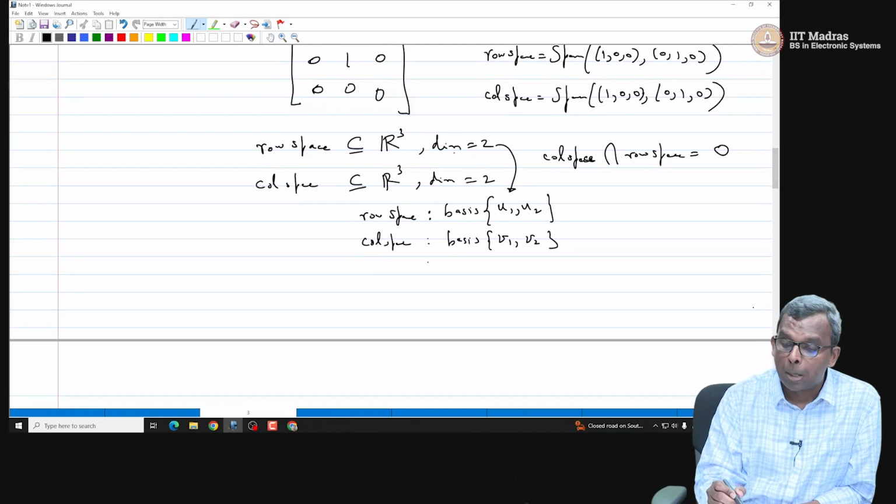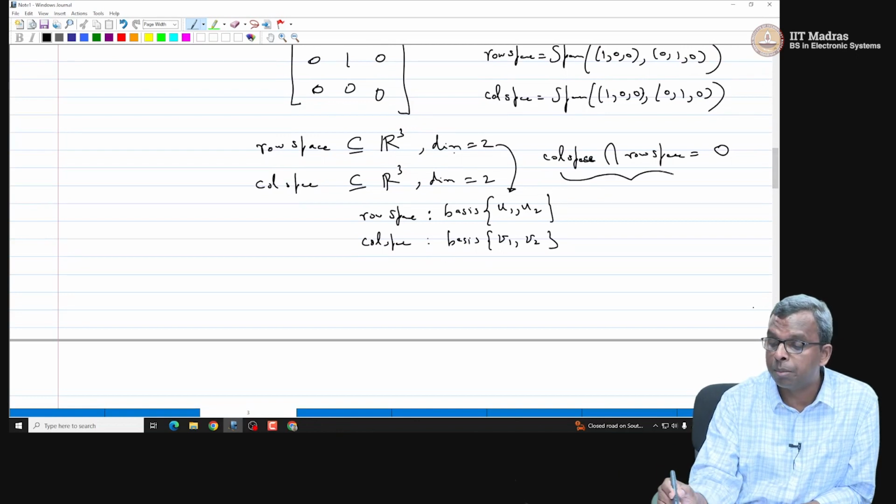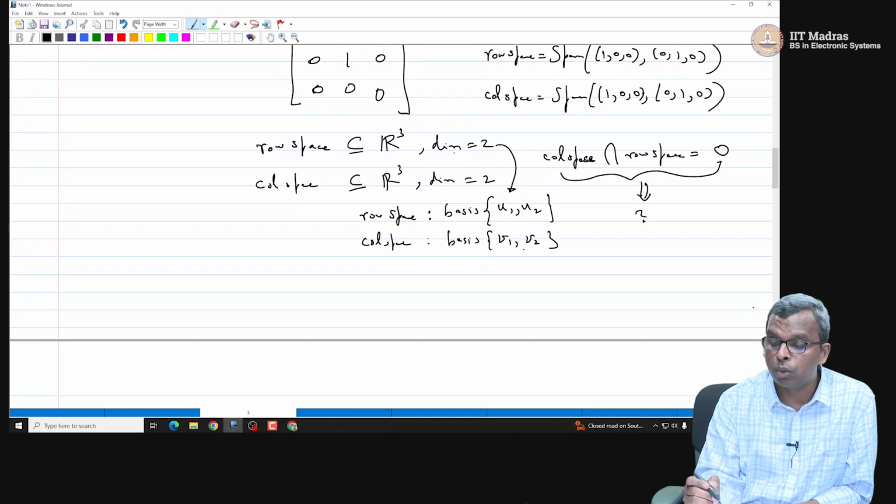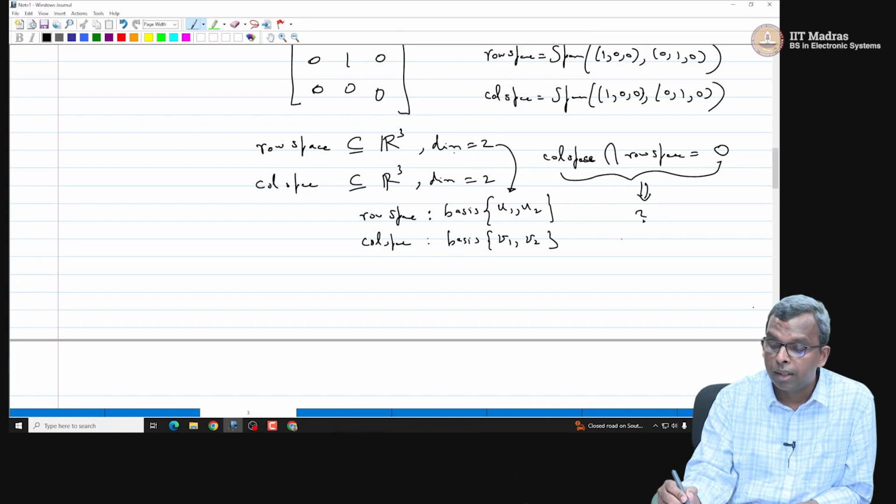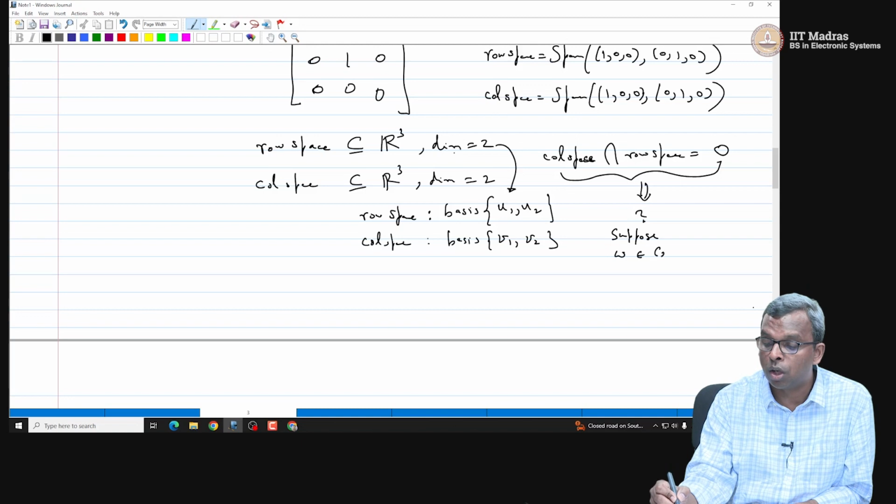Okay. So, now what will this condition imply to u1, u2, v1, v2? Column space intersect row space is 0, which means what? Just think about this a little bit. Suppose w, some vector, belongs to column space intersect row space.